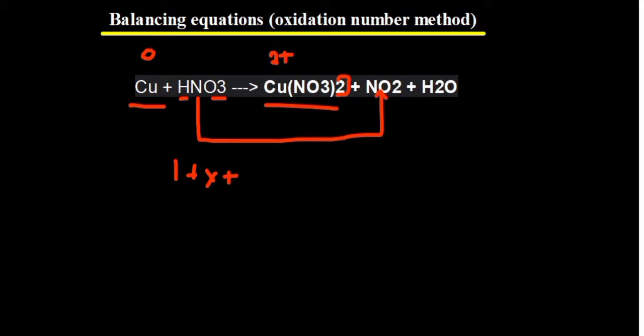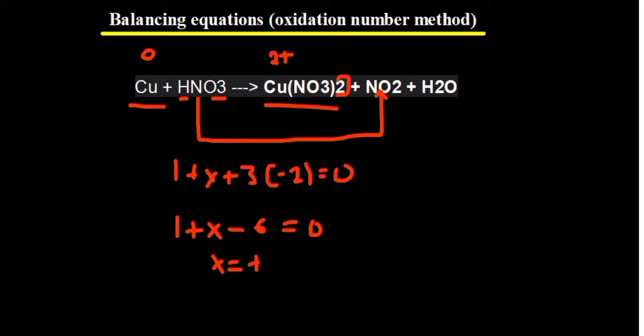Then we've got 3 oxygen atoms, each one is negative 2. And the overall charge of the compound there, of the acid, is 0. So you have 1 plus X minus 6 equal to 0. 1 minus 6 is negative 5. Therefore, X becomes positive 5.